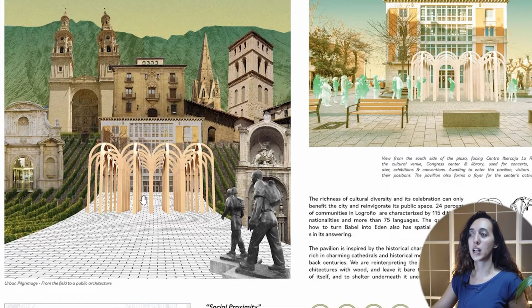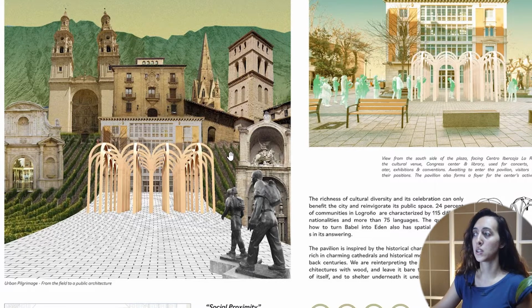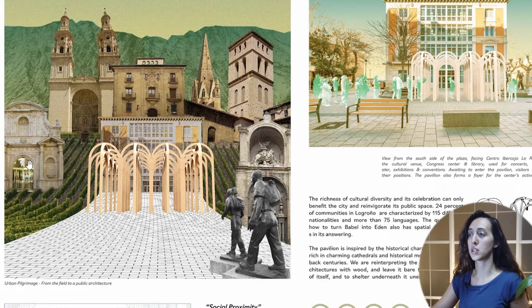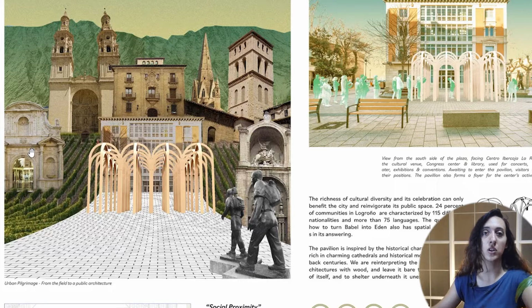And after studying a little bit the story of the city, we found that it is a city that has a rich history in wineries, and the cultivation of vineyards and the consumption of wine and grapes is part of local culture. It's part of the landscape.